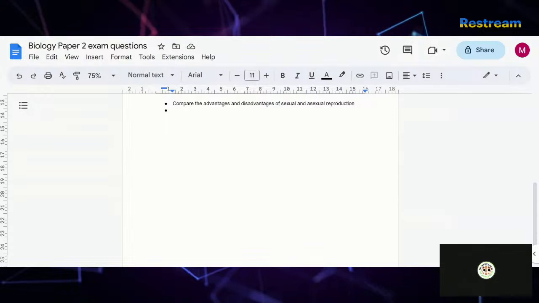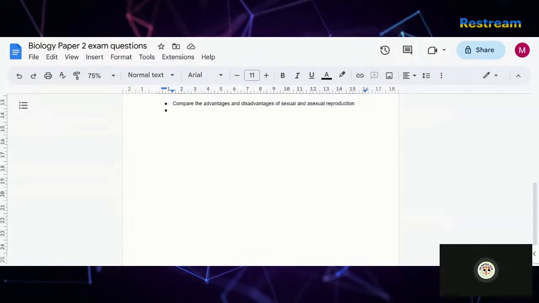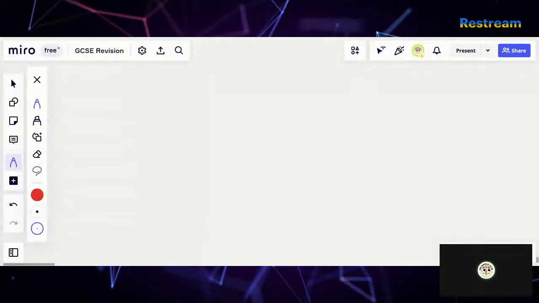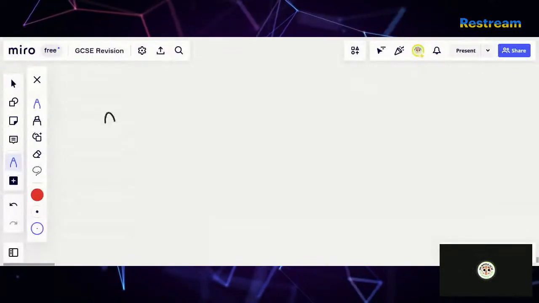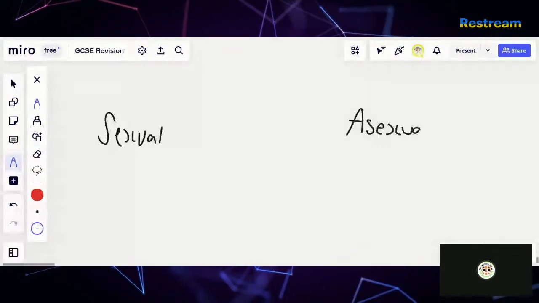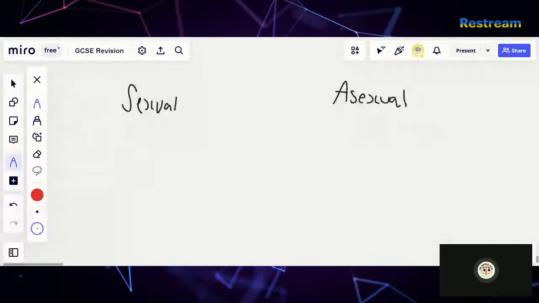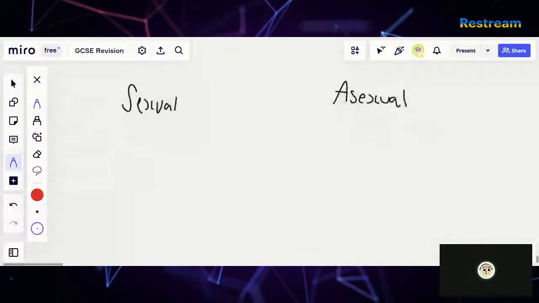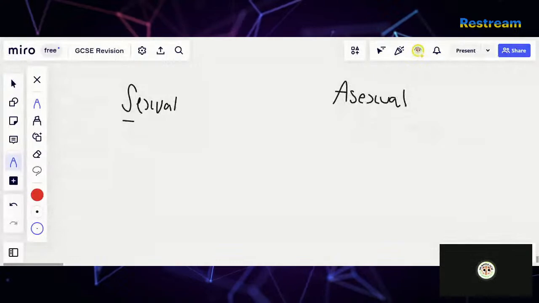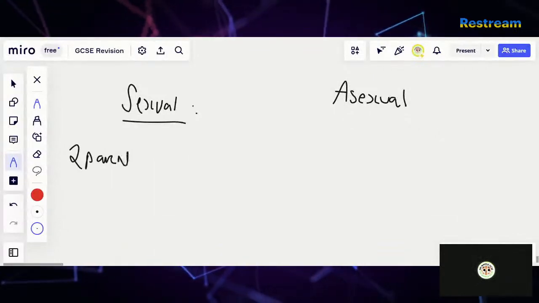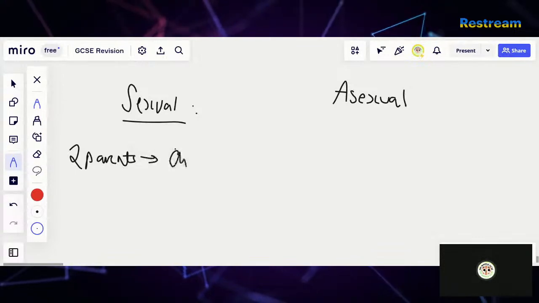So, first of all, let's look at the differences between them. Sexual reproduction comes from the fact where there are two parents which give rise to a child that is genetically unique.